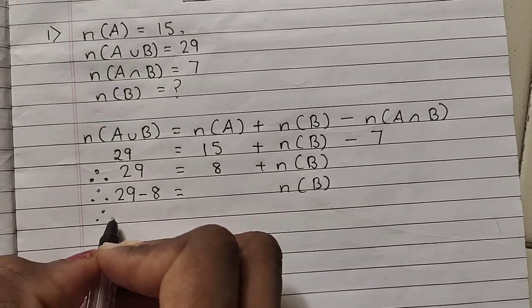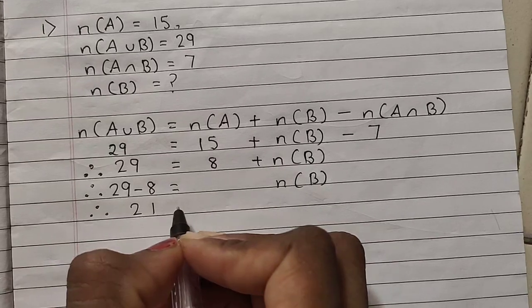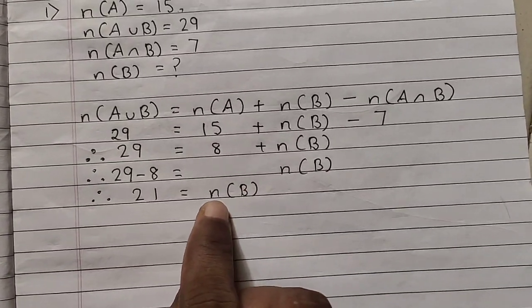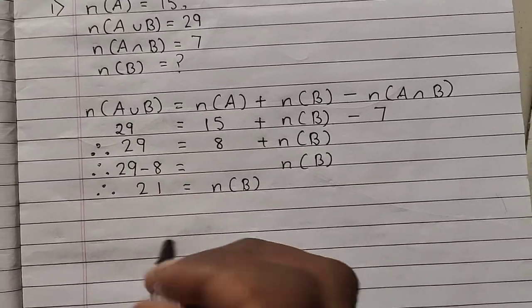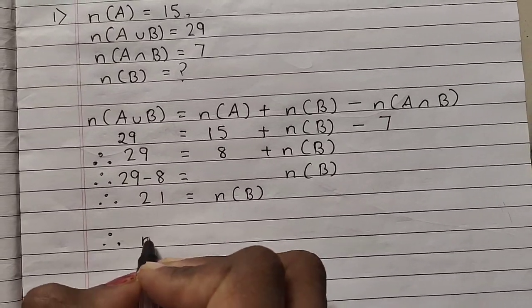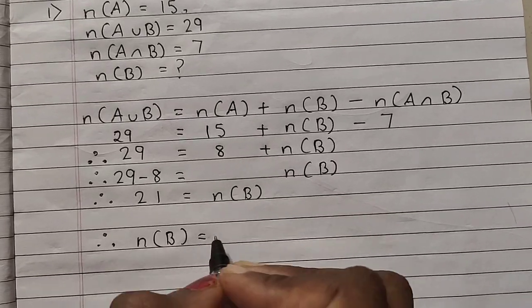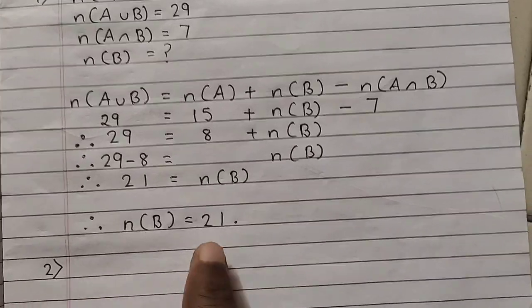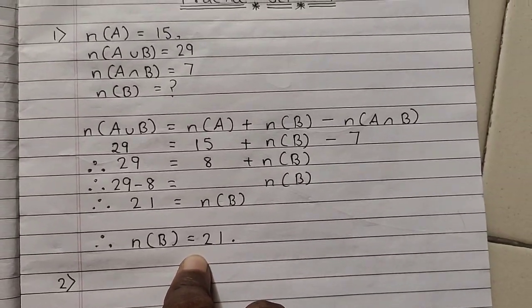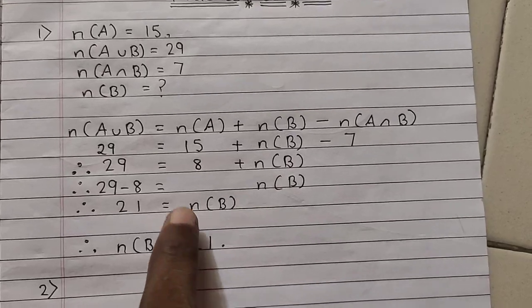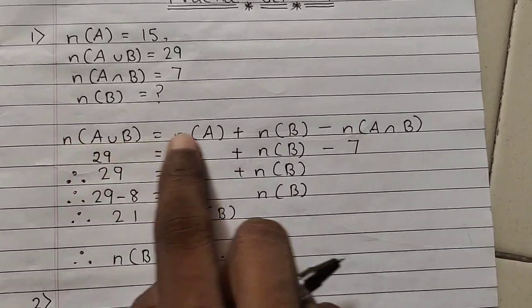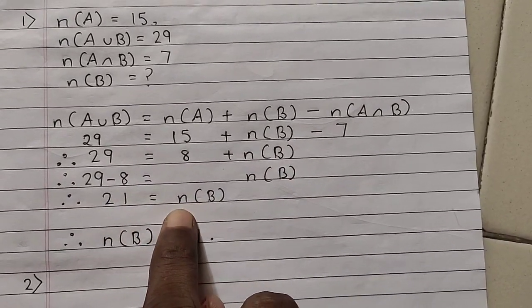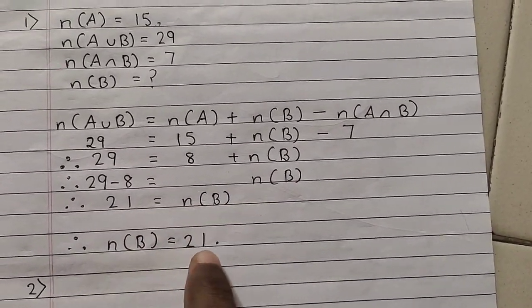And you know 29 minus 8 gives you 21. So we got our answer, that is n(B) is equal to 21. So in this way we have finished our first question. Clear with this? This question was very simple. Just put the values, and after solving you will get the value of n(B), that is 21.